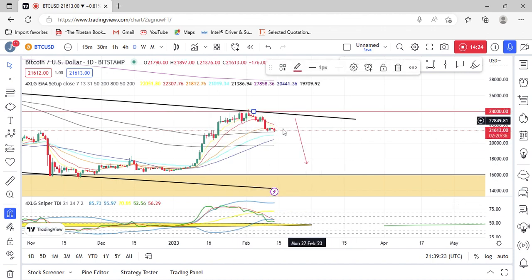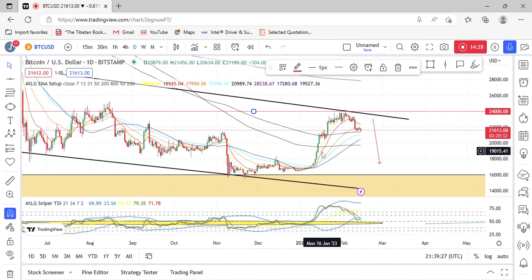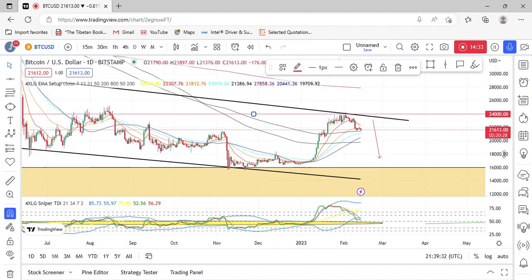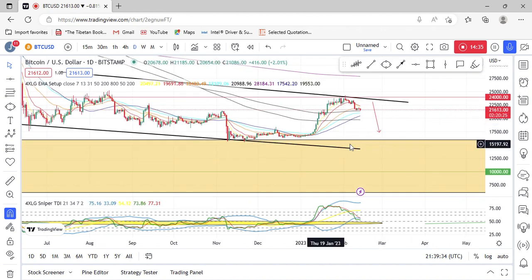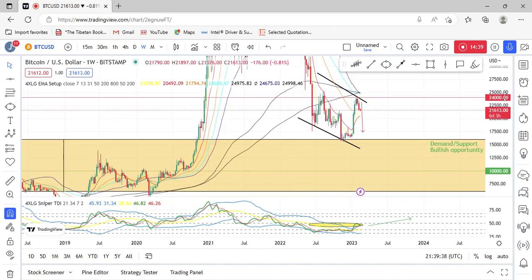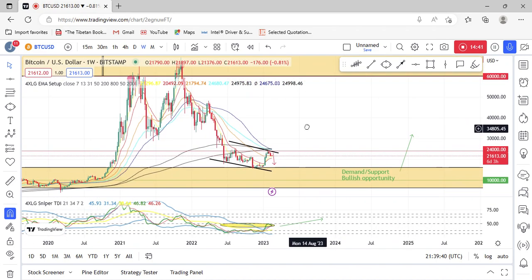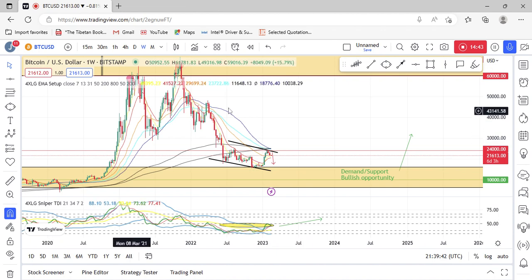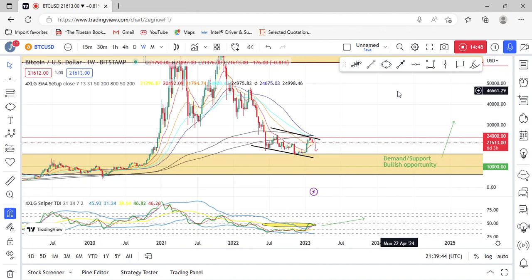Continuing a decline from 24,000, targeting 16,000. So this is also on BTC before we might see a continuation of the major or higher time direction of month.